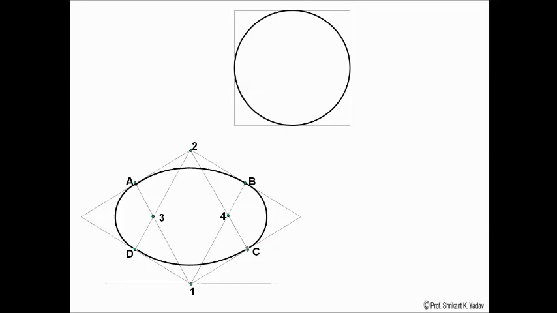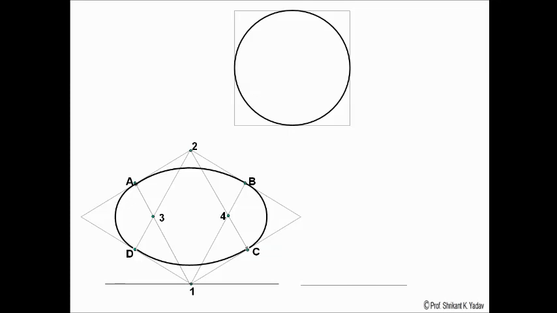This completes your ellipse. This is the 4 center method, which is used to transfer the circle onto any isometric plane. The same procedure can be used to transfer the circle onto the vertical plane. For that, you have to draw the reference axis.